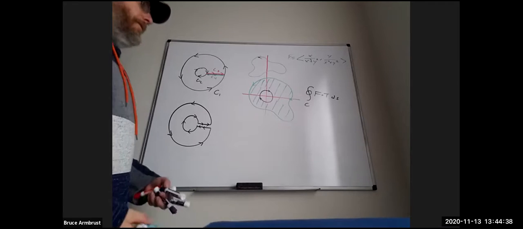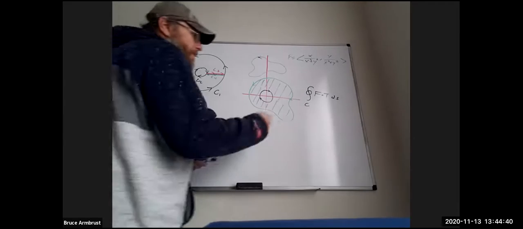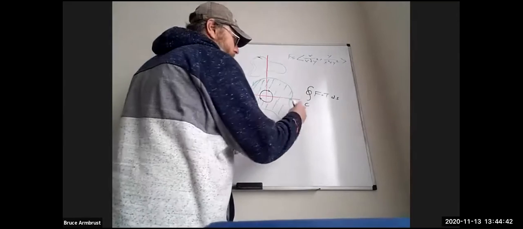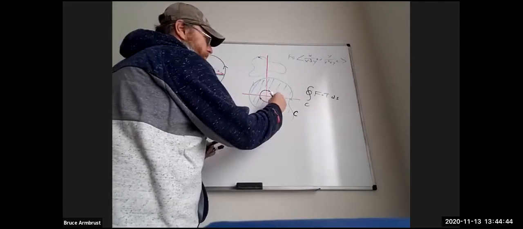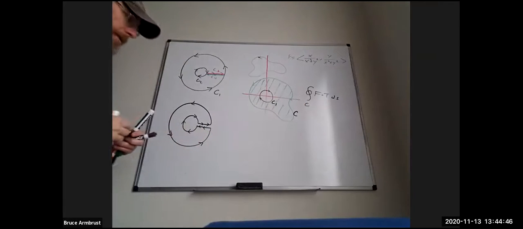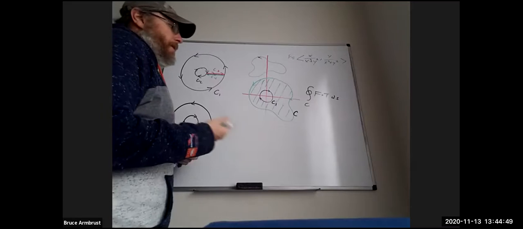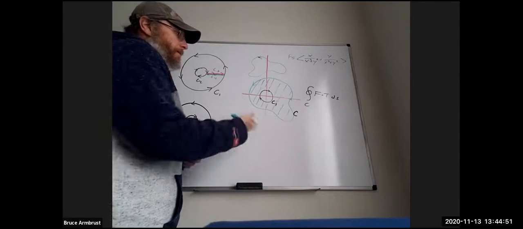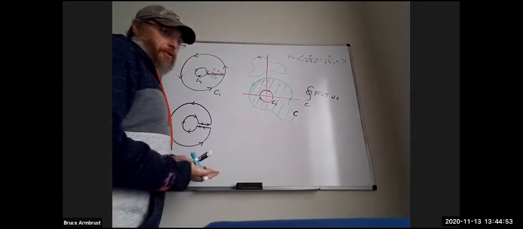And what we know, if this is our C that we were trying to find the integral around, call this one, say, C1. I know that with Green's theorem, I'm going to get the difference in the two.